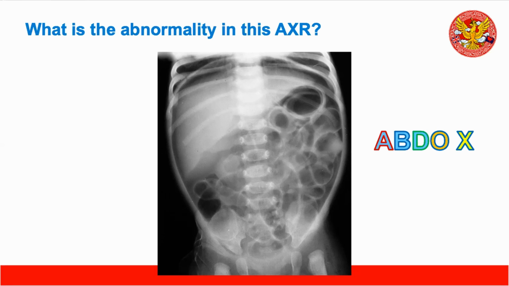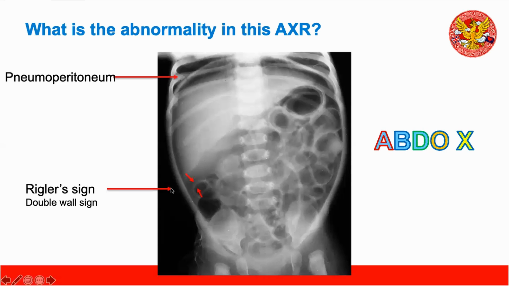Close, good try. So if we follow the ABDOX approach, looking at air, air's black on an x-ray. This is the liver, right? You can see black above the liver, which is suggestive of a pneumoperitoneum, which you can also see in a chest x-ray, and that's suggestive of bowel perforation. In terms of the actual bowels, they do look a little bit abnormal. However, the main abnormality in the bowel is this thing called Rigler's sign.